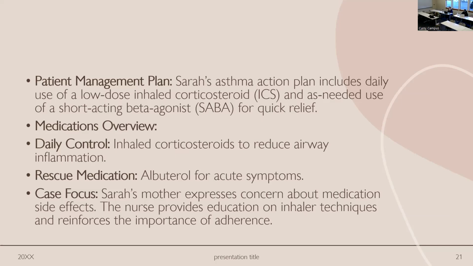Then we have the rescue medication, the albuterol for acute symptoms. Sarah's mother expresses concern about medication side effects. The nurse educates on inhaler techniques and reinforces the importance of adherence, especially the longer term medications.